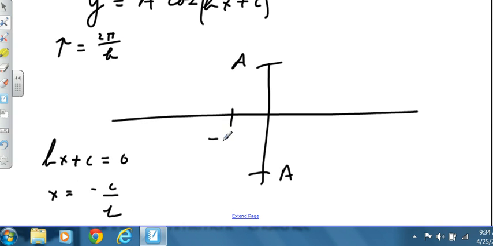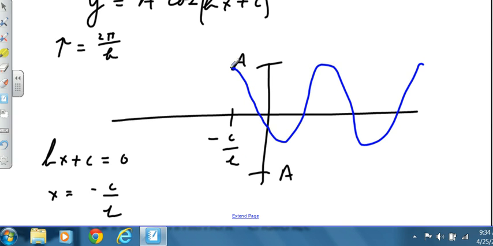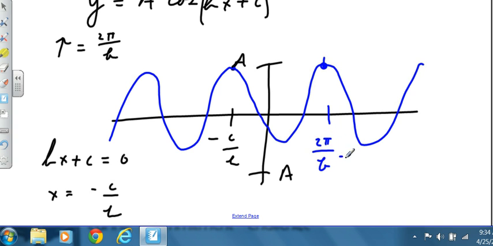So at minus c over b, I end up being at the top. I end up going down, coming up, going down, coming up, going the other way. And my period is going to be 2 pi over b, but that point has to be 2 pi over b minus c over b.